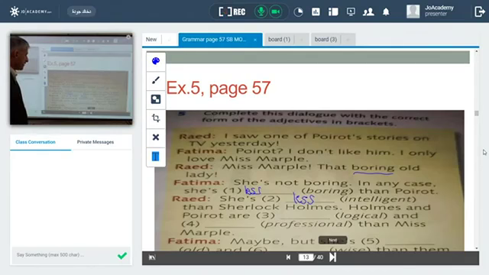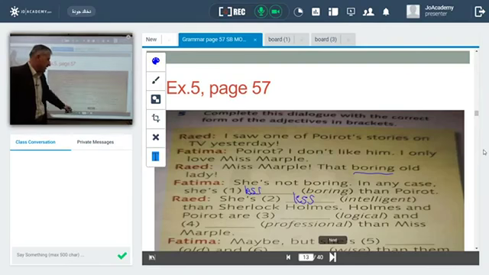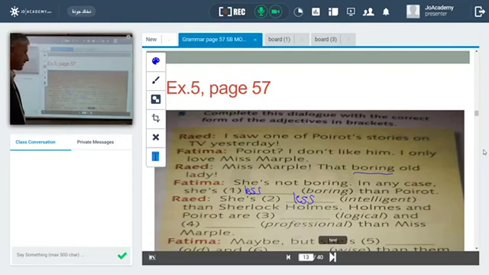Holmes and Poirot are logical, and this is Ra'id saying she is less intelligent than Sherlock Holmes. Holmes and Poirot are what?